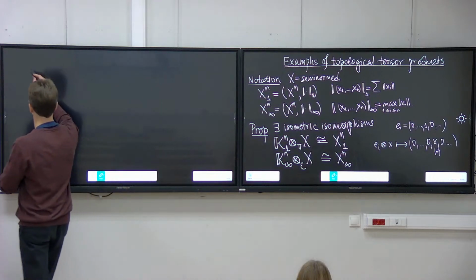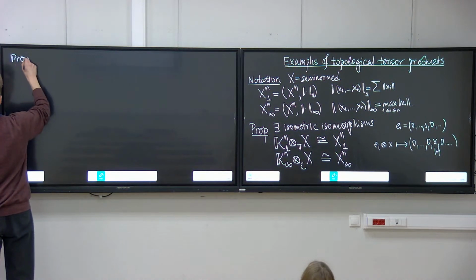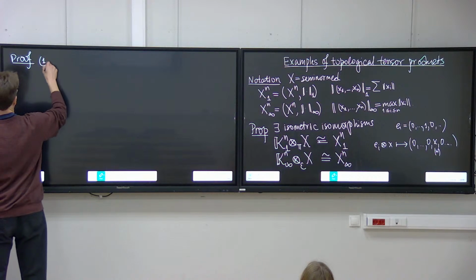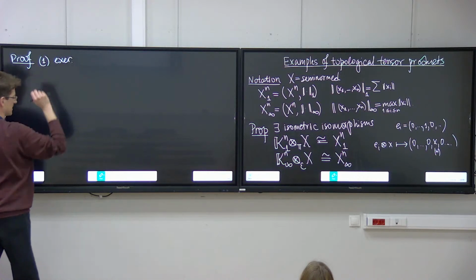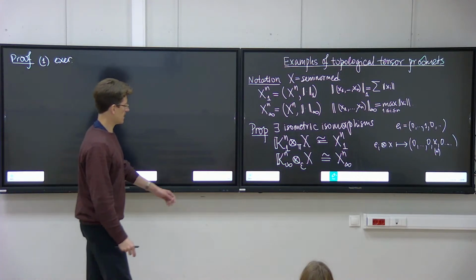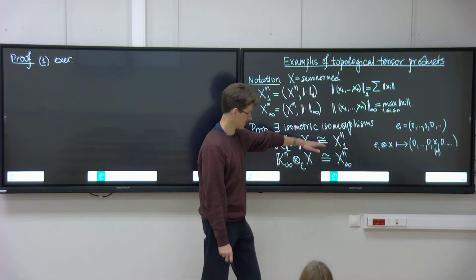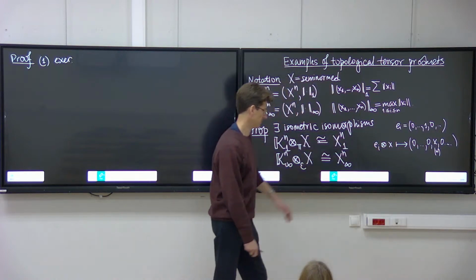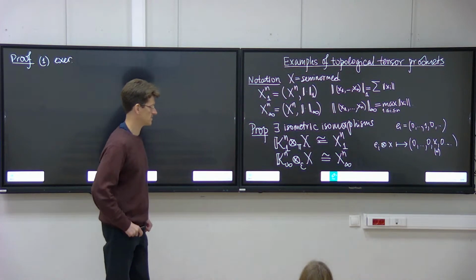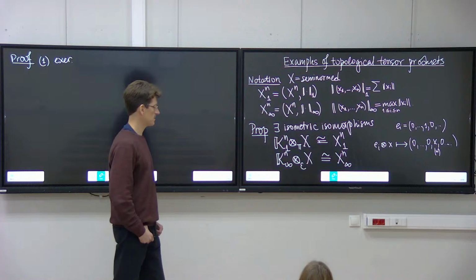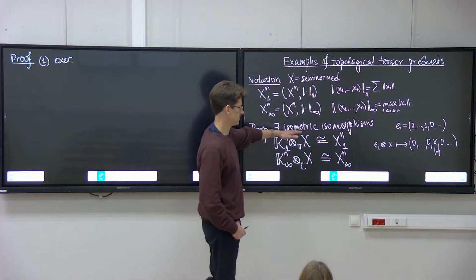So why is it so? Part 1 is actually a simple exercise for you. It's clear that there exists an algebraic isomorphism given by this formula, giving us an algebraic isomorphism between these spaces. The only point is to show that it is isometric.